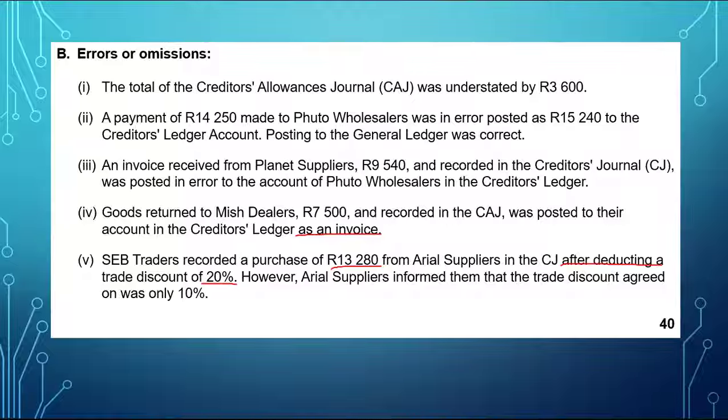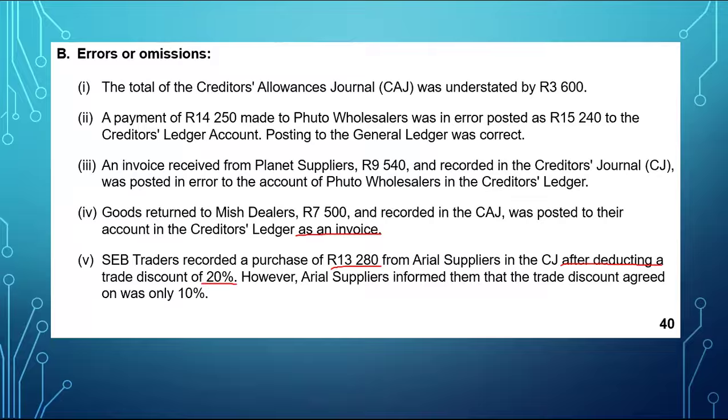However, aerial suppliers informed them that the trade discount agreed was only 10%. So we over-reduced what we bought from aerial suppliers. We over-reduced it by half of what we were entitled to reduce it by.